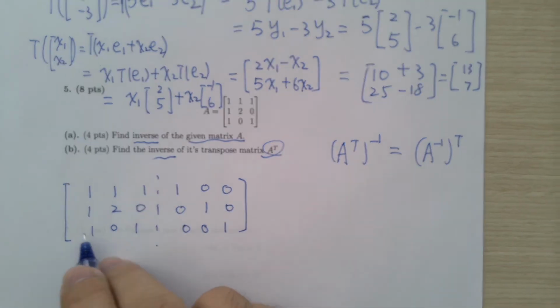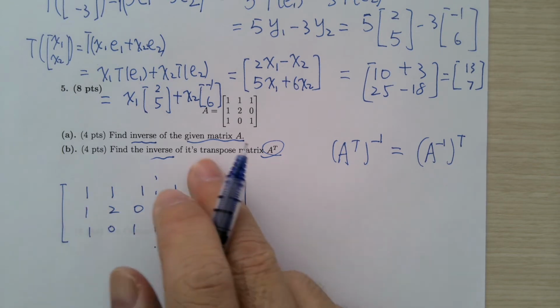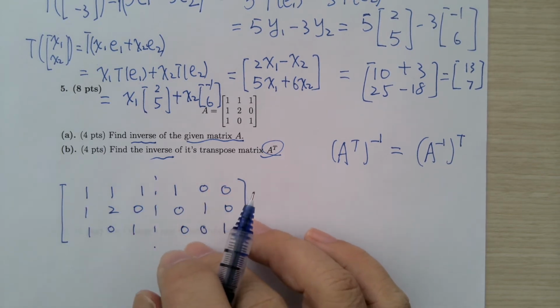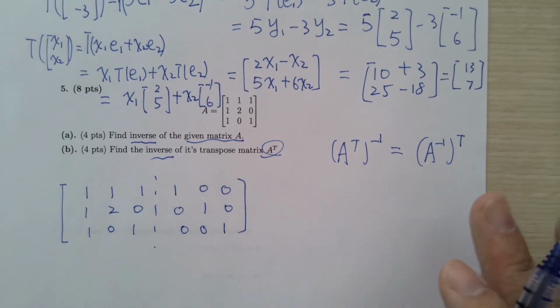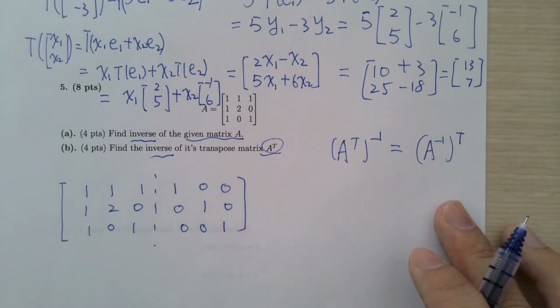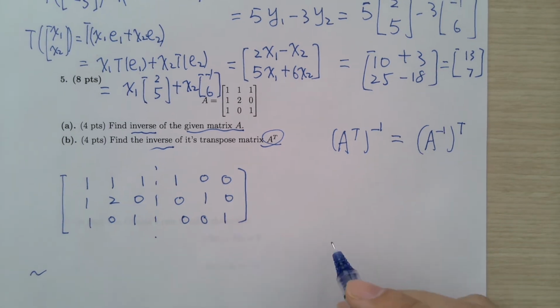If you can make the left-hand side become the identity matrix, then whatever you get on the right-hand side is going to be the inverse of the given matrix here, okay? So that's how we do this. Okay, so let's do that.